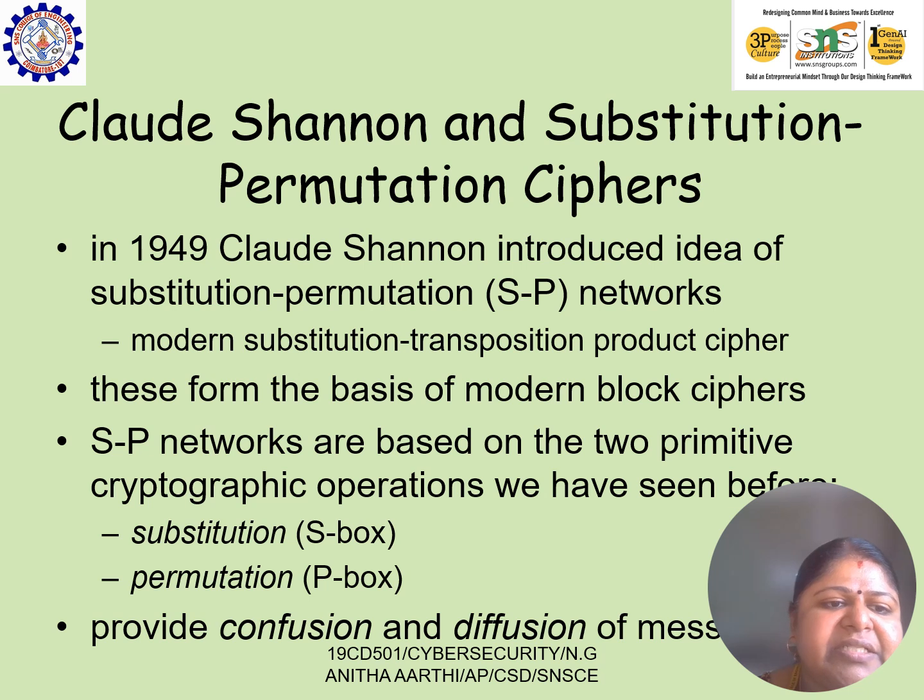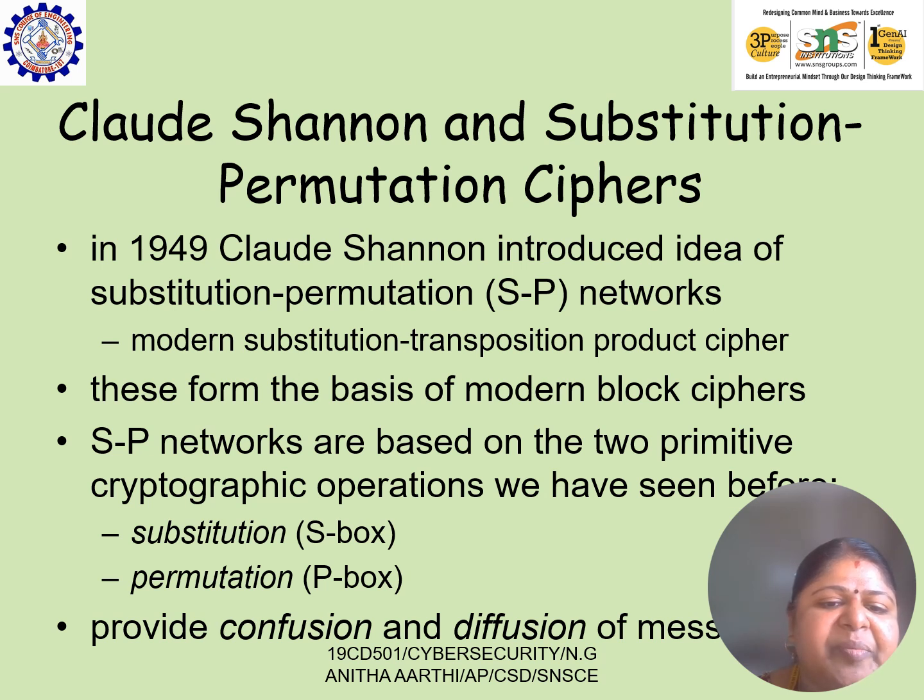In 1949, Claude Shannon introduced the idea of substitution-permutation, that is SP networks. Modern substitution-transposition product ciphers use this SP network, a combination of substitution and permutation techniques, and these form the basis of modern block ciphers.